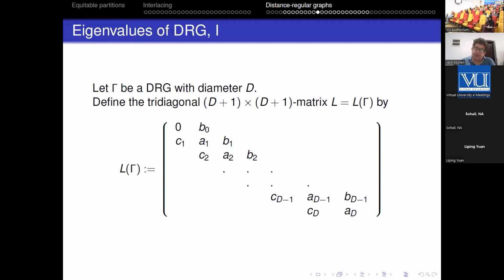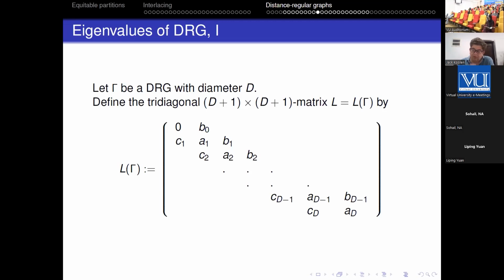How many different eigenvalues does it have? If you think for 5 seconds, you see that if I add a constant times the identity matrix to L(gamma), that's still a tridiagonal matrix with the same b_i and c_i on the two subdiagonals.